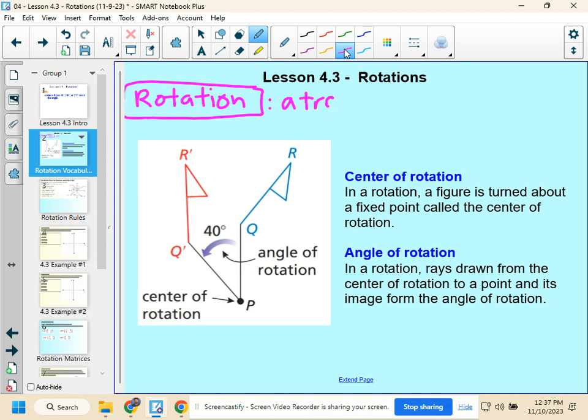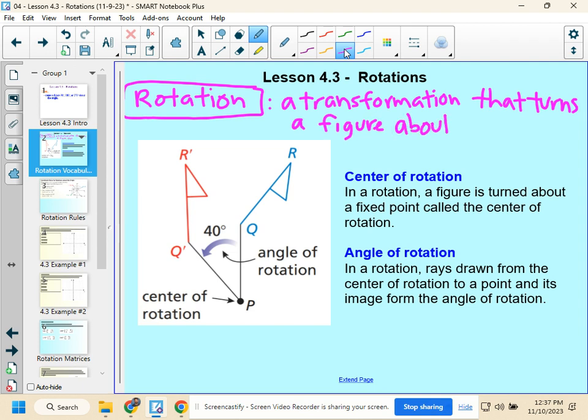Let's say a transformation that, let's say, turns. I kind of like that. I can see below here it says something about turning, that turns a figure. And I'm going to use this word about.